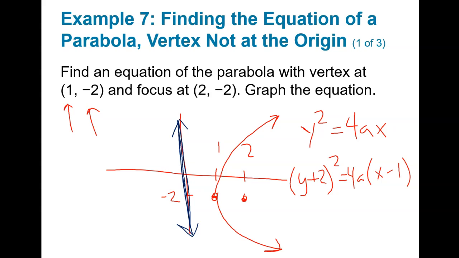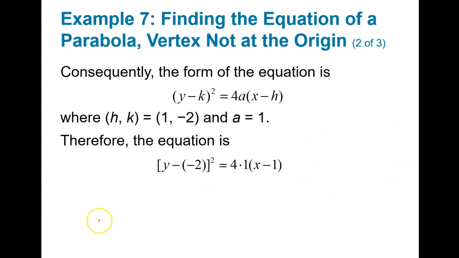So we just apply the shift to the x and the y in the parentheses, and it's the opposite of these signs. Basically, if this is a positive, then we subtract. If this is a negative, then we add. And we do the same thing if the signs were flipped. I mean, if this had been a negative 1 and a positive 2, this would be a positive 1 and a negative 2. All right, so there's our equation.